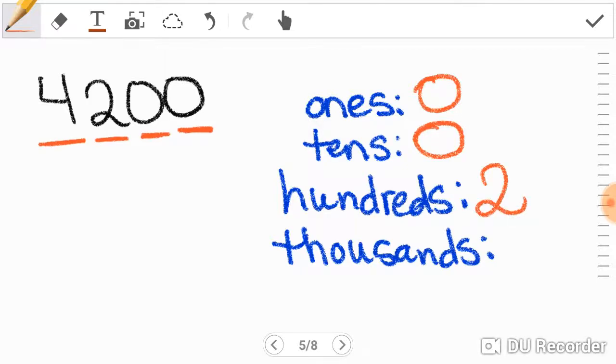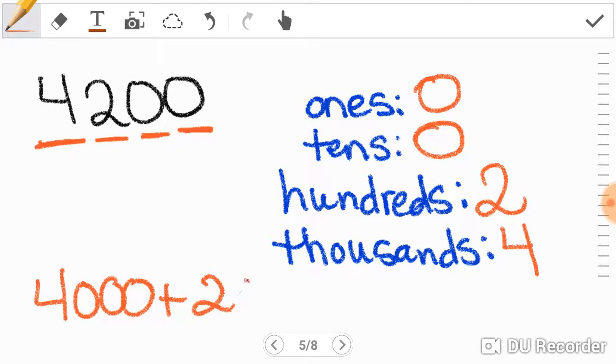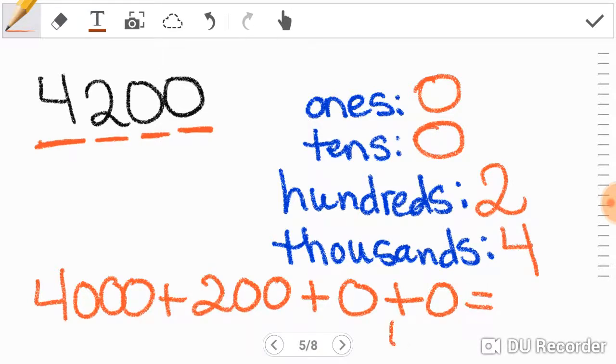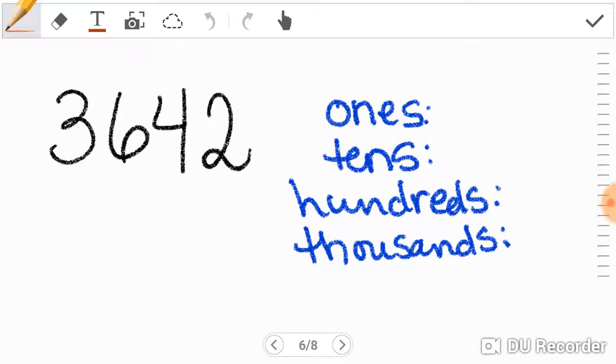That means we have 2 hundreds. And in our thousands position, we have a 4. So if we have 4 thousands plus 2 hundreds, I'm going to go ahead and write down the tens and ones position, even though it's a 0, just to show you that it will add up to 4,200.